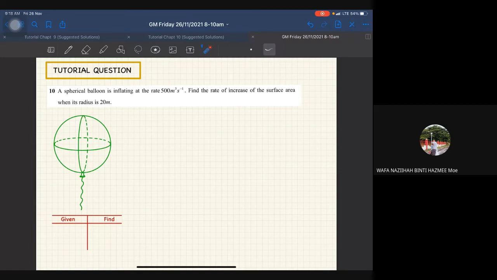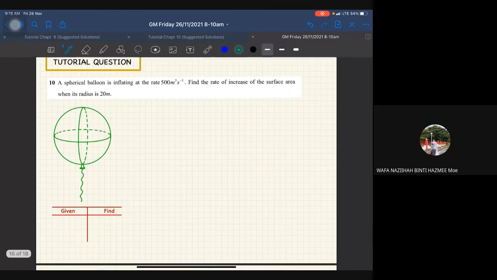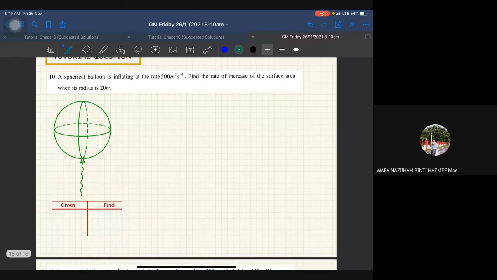Okay, so dia nak rate of increase of surface area, meaning that we want to find dA over dt. So you need to find dA over dt over here. dA over dt. Tak tahu? Okay, and then when radius is equal to 12 meter. Sorry, 20 meter.